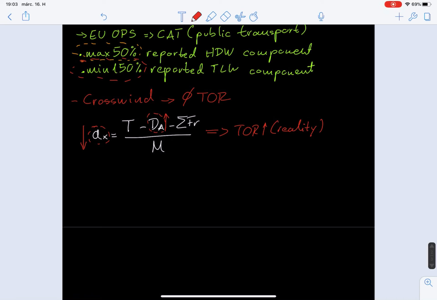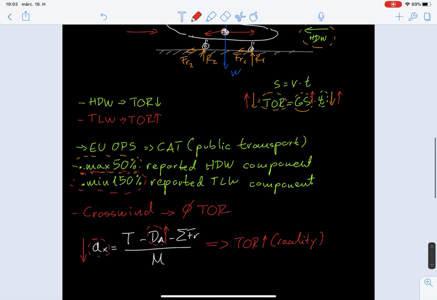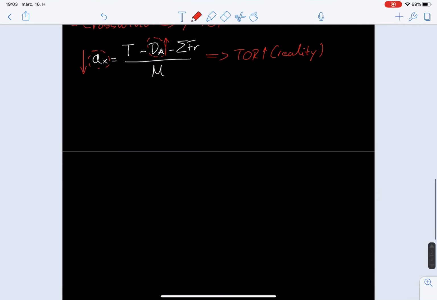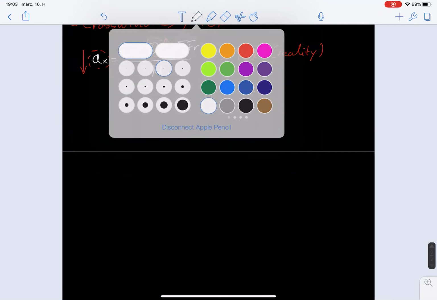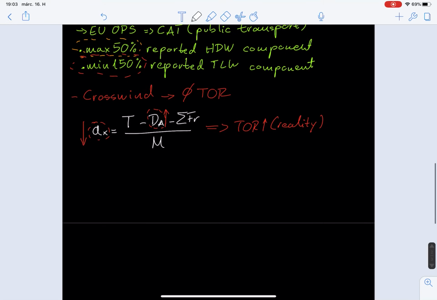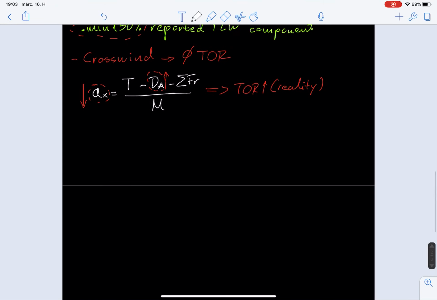Okay, so in general performance calculations, you can find examples where the wind is not given like an exact value. It's not going to say, okay, today the wind is headwind 5 knots or tailwind 15 knots.